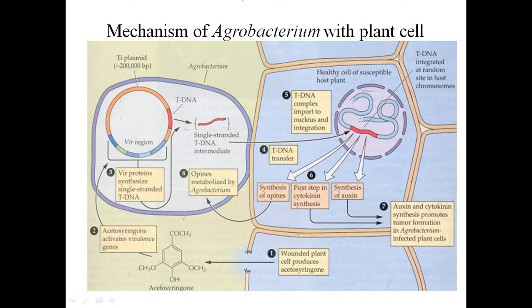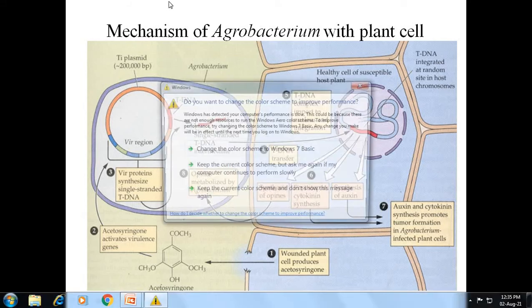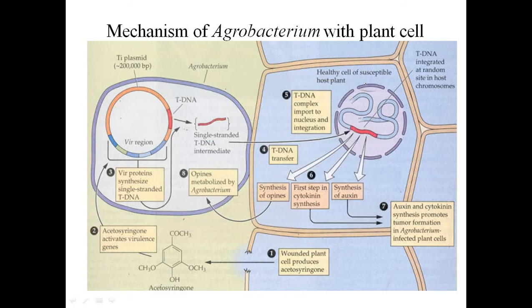Then this is an additional diagram that shows the exact mechanism behind Agrobacterium with the plant cell. Here, if the plant is wounded, obviously it produces acetosyringone, and this acetosyringone activates the Vir region or virulence gene.